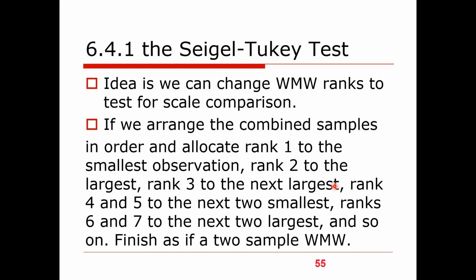Then allocate rank 4 and rank 5 to the next two smallest, then rank 6 and 7 to the next two largest, and so on. So this is how to rank the observations. We first put all the observations in the two samples in ascending order. Then we rank them from the tails toward the middle and end up in the center, right? After we have ranks like this, we can perform the WMW test using these ranks.